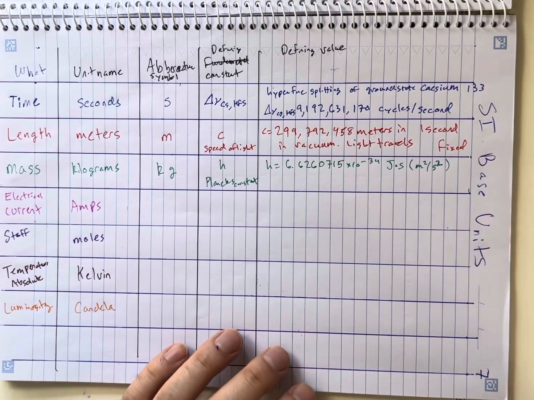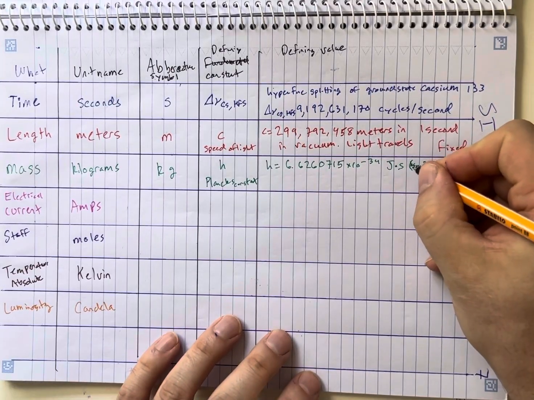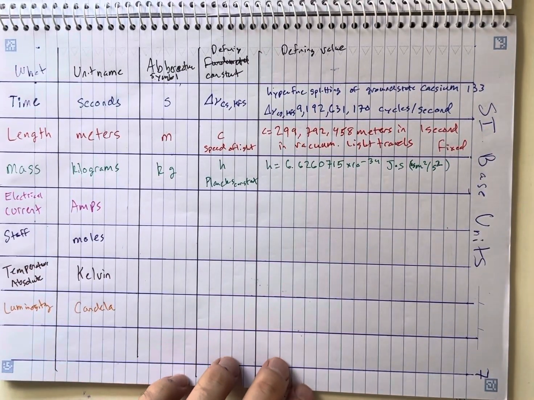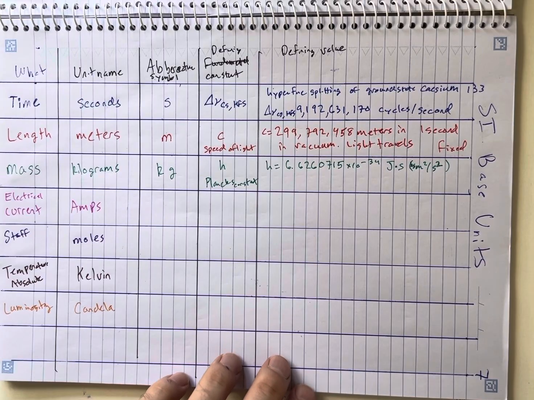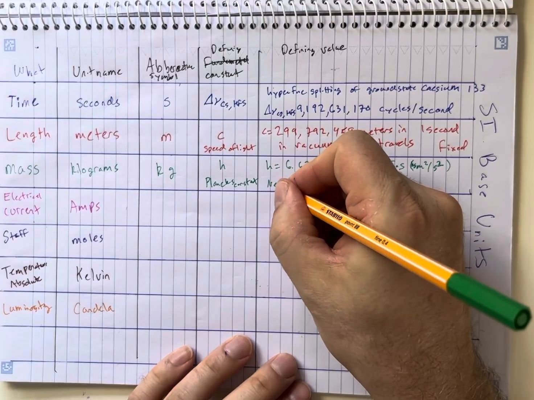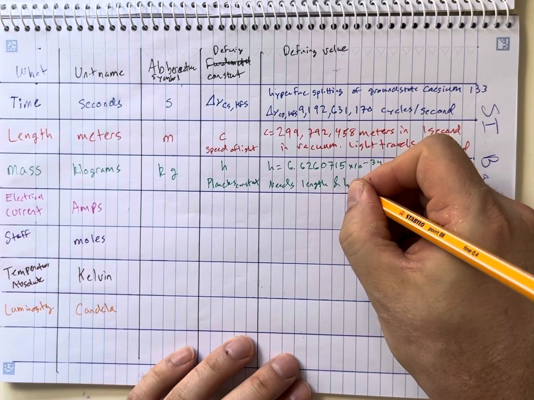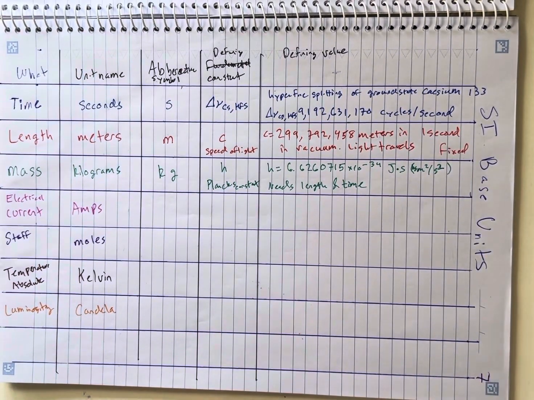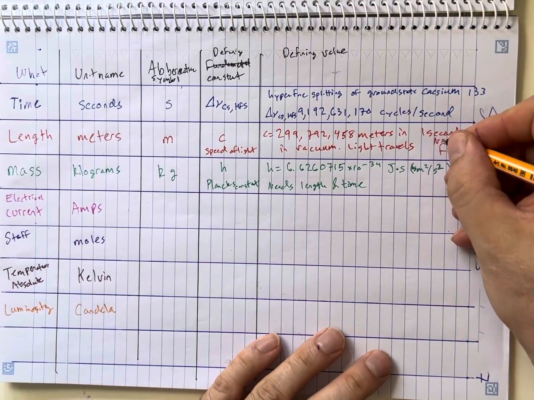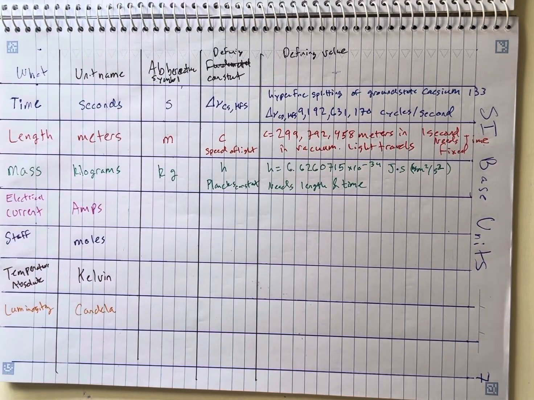And I should be using negatives, but I'm old school, so I don't. So it needs length and time, whereas this just needs time. Maybe I should set up like a needs column here.